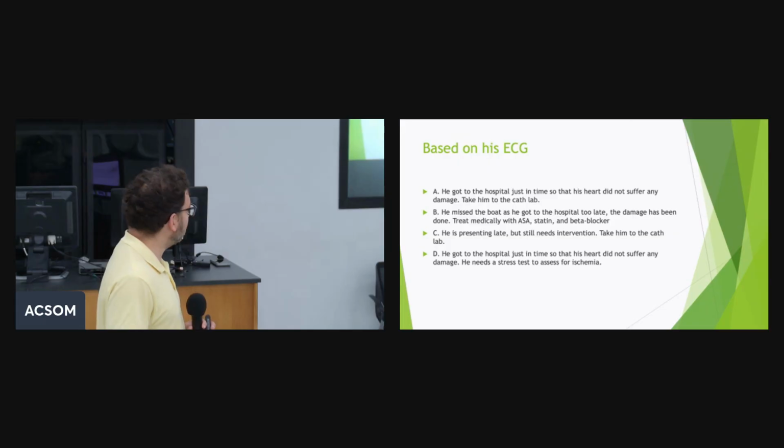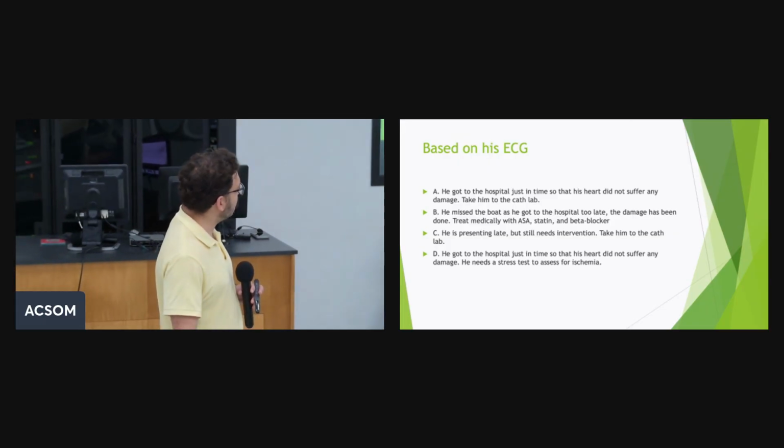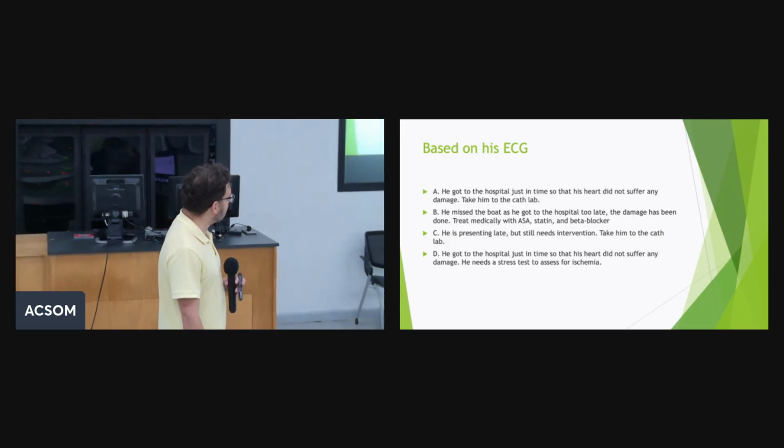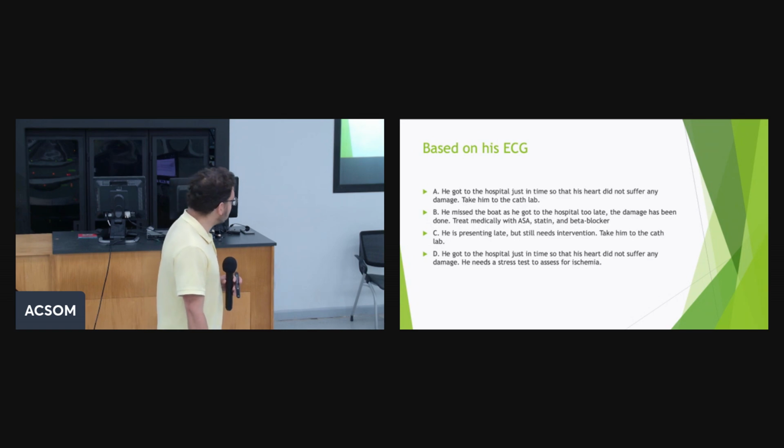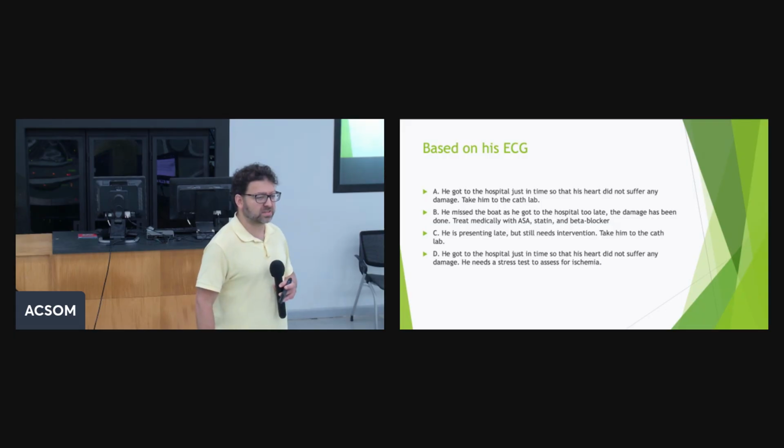B, he missed the boat, he got to the hospital too late, the damage has been done, just treat him with medicines: aspirin, statin, and beta blocker. C, he is presenting late, but he still needs intervention, take him to the cath lab. Or D, he got to the hospital just in time, his heart did not suffer any damage, he needs a stress test to assess for ischemia. C. Why C?